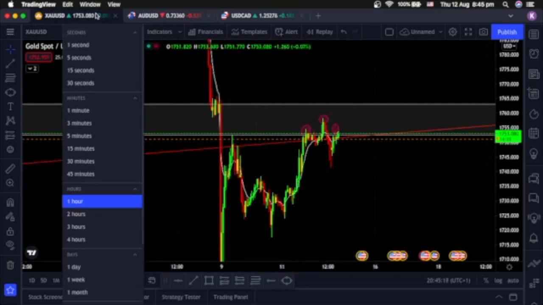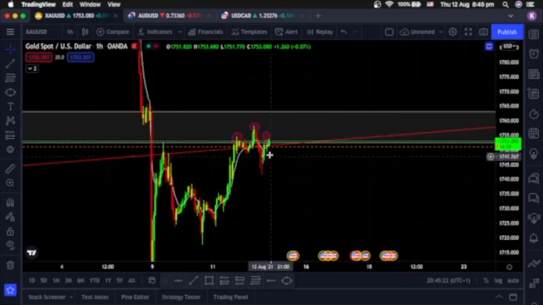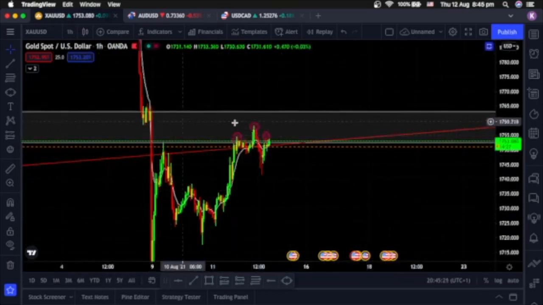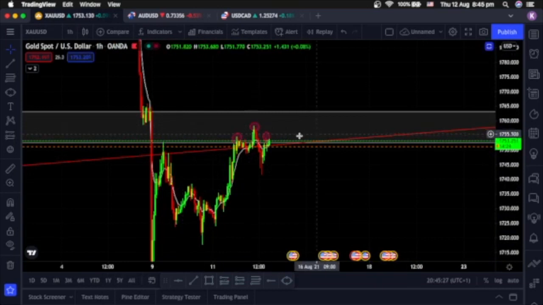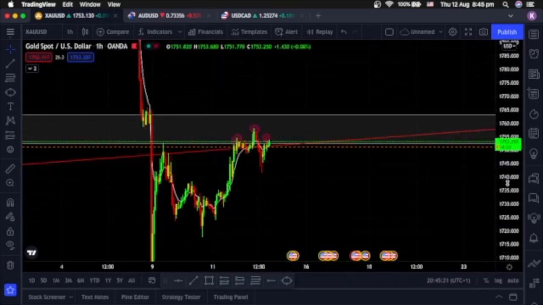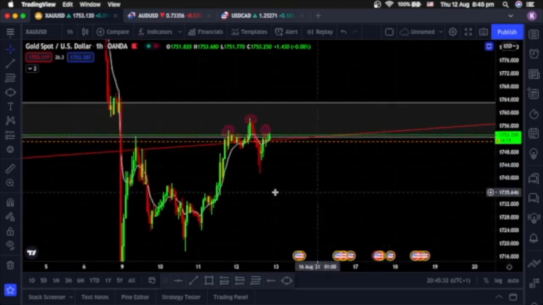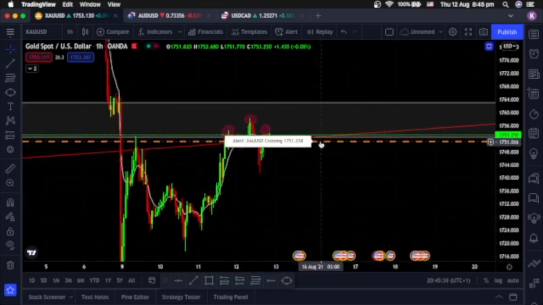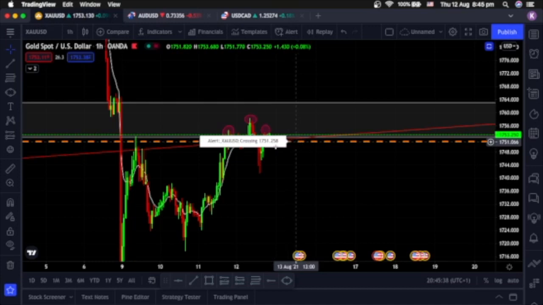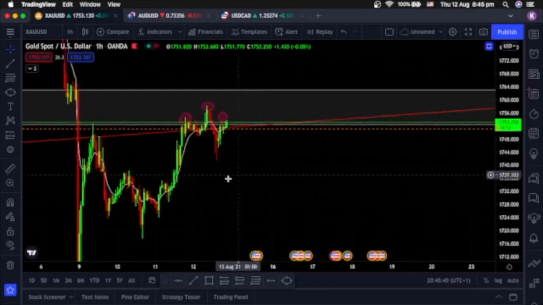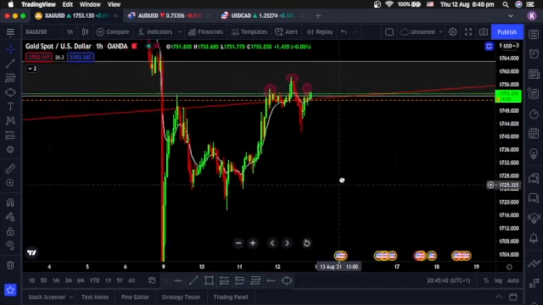I'm busy watching it very, very closely, and as you see here, on a major support and resistance zone, it formed a head and shoulders. So this could be huge, guys. I'm really, really watching for this, and as you can see, I have an alert that will notify me as soon as this thing happens.